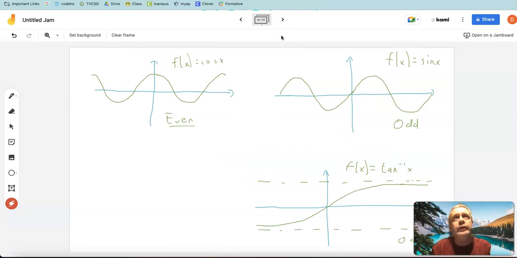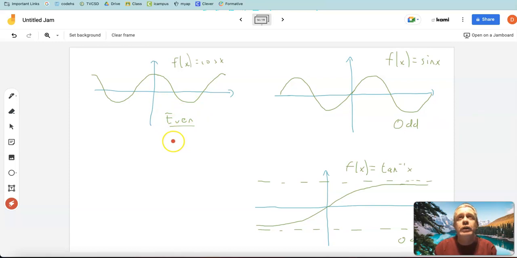And that was determining whether a function was even or odd. And one way to determine this back in Algebra 2 was to determine if there was any symmetry in the graphs. And the cosine function had symmetry about the y-axis, and as such, we said that the cosine function was even.